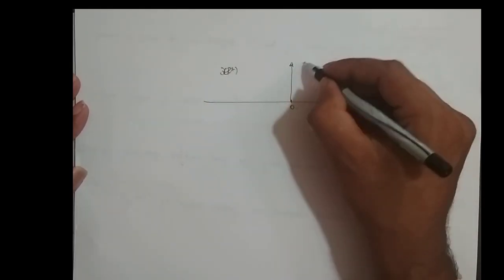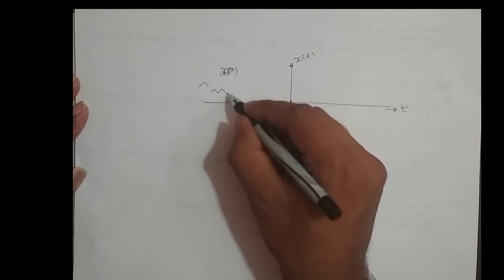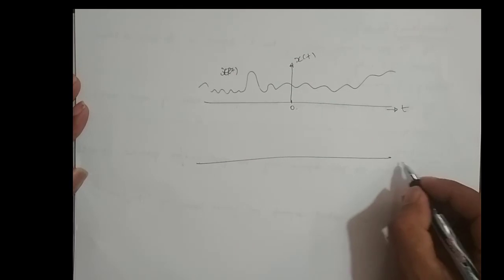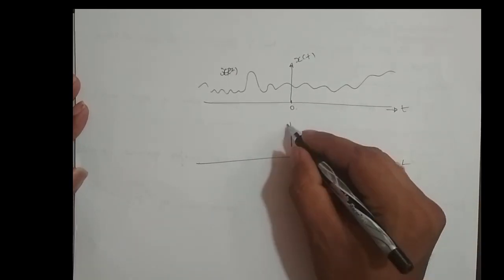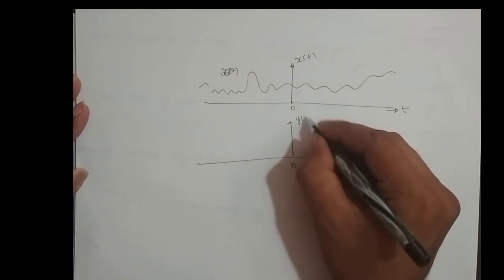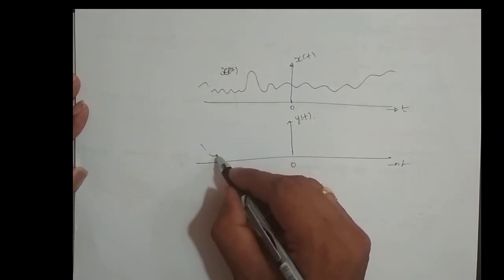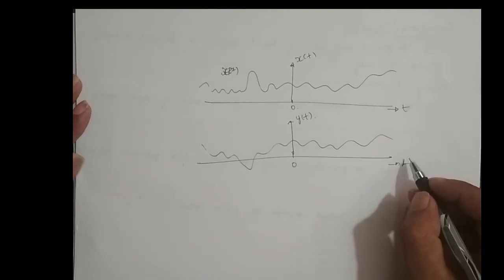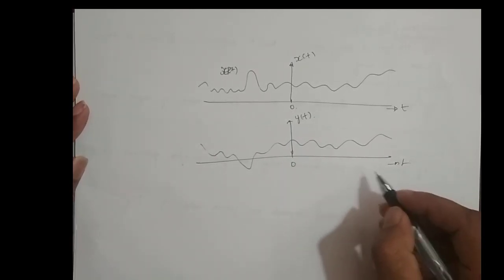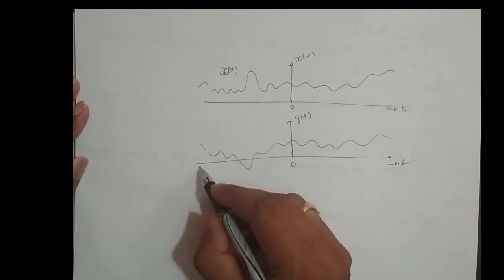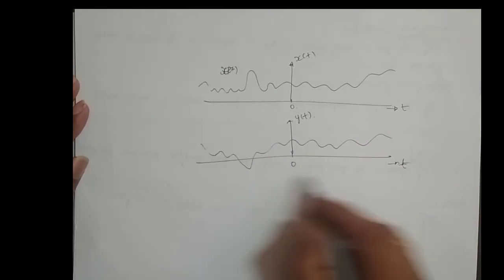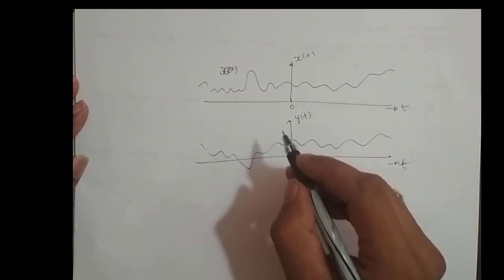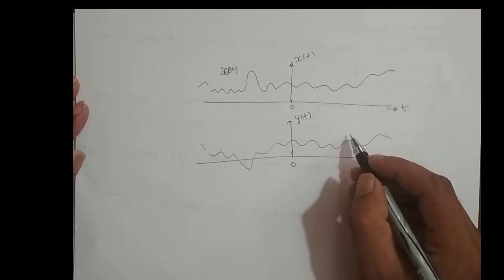This is my x of t input signal, some random arbitrary input, and the output of that system, also at t equal to 0, is y of t, and we get some random output. Now the present output of a system can be anywhere for t varying from minus infinity to infinity. With respect to that present output, we will have to define past input values and future input values.